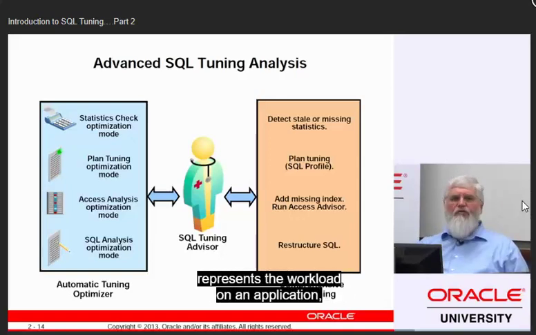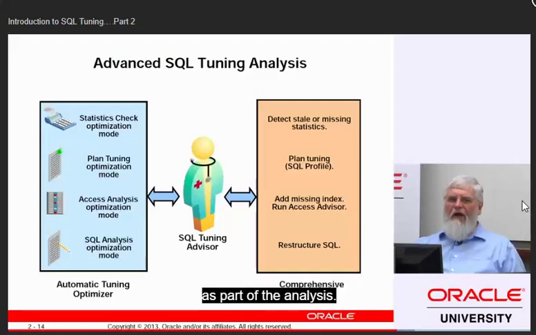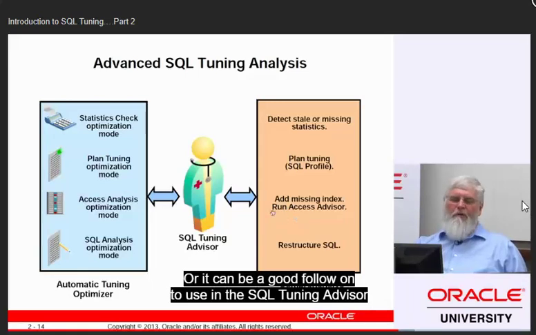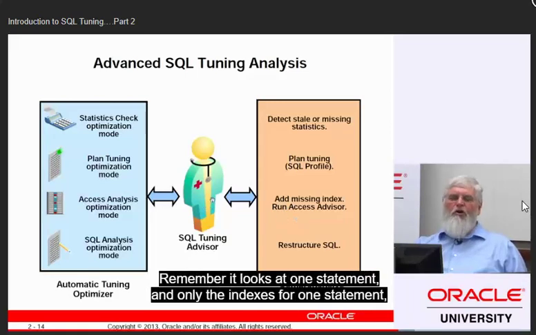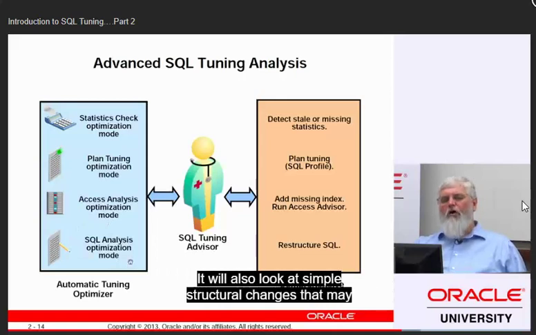So it can be a good follow-on to using the SQL Tuning Advisor. Remember, it looks at one statement and only the indexes for one statement at a time. And it will look at the optimization mode. It will also look at simple structural changes that may improve the performance of the query. And we're going to look at these as part of the course later on.